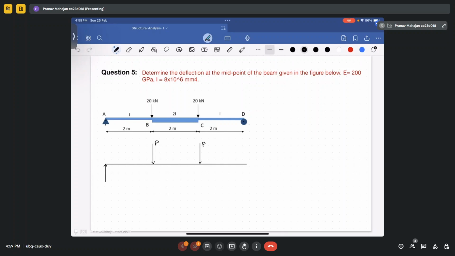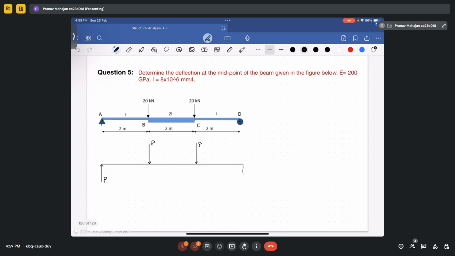Reaction will also be P. Okay. So this is 2I. This is I. This is I. And now take a distance of x1 from this side, x2 from this point, x3 from this point and x4 from this point.